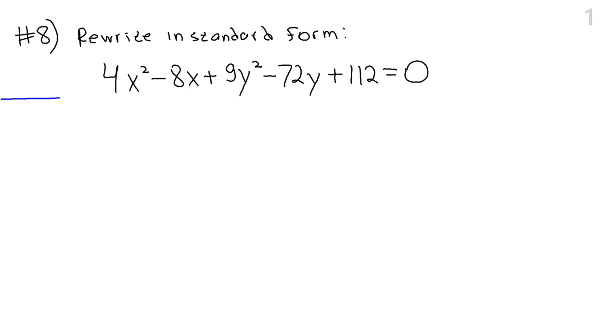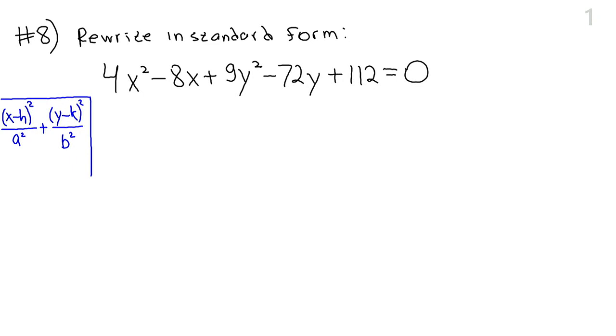And the standard form of an ellipse not centered at the origin, according to the reference sheet that you're going to be provided, will look like this: x minus h squared divided by a squared plus y minus k squared divided by b squared equals 1.